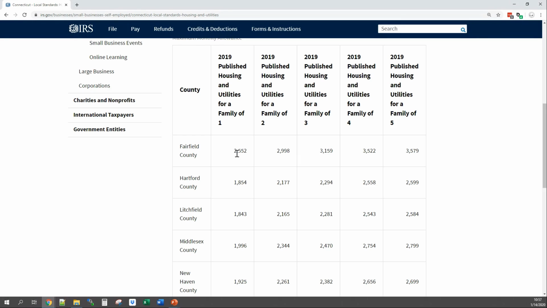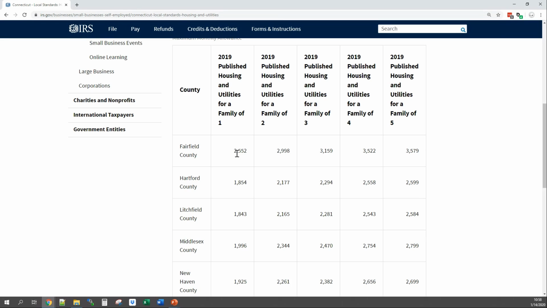2552. Nicole says Fairfield County is outside of New York. Okay, that explains it. Now that I know it's close to New York City, I don't know that $2,552 may get somebody very far. I'm guessing it probably doesn't, in terms of an apartment after you layer on all the utilities and everything.